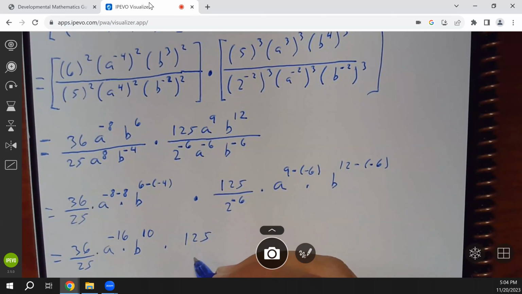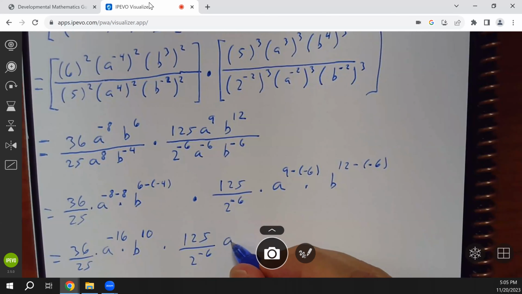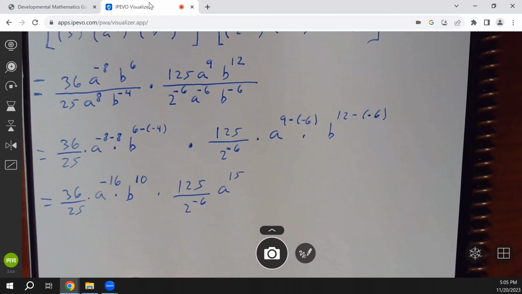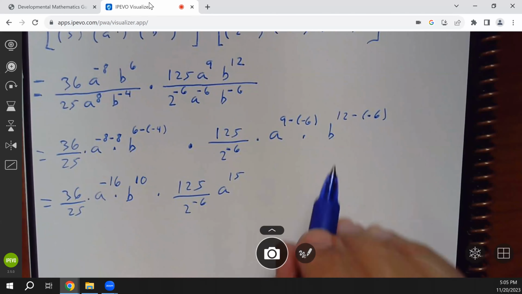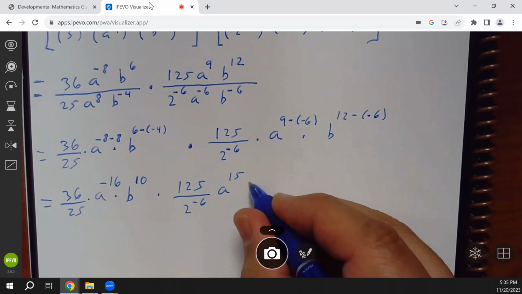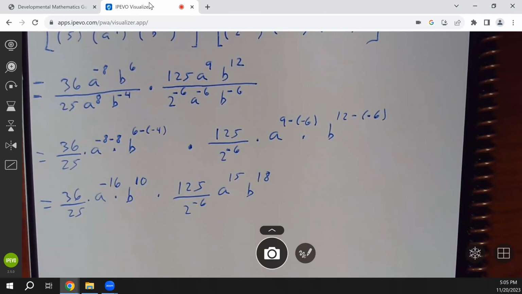Still not dealing with this thing, but we will. 9 minus 6. 12 minus 6 would be plus 6. Okay. All right.